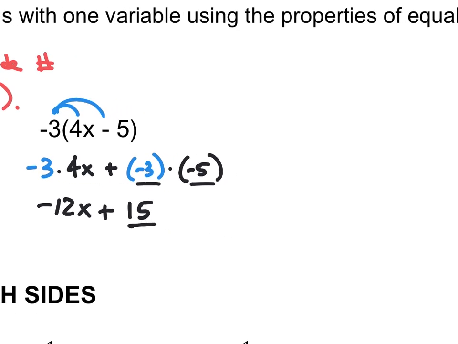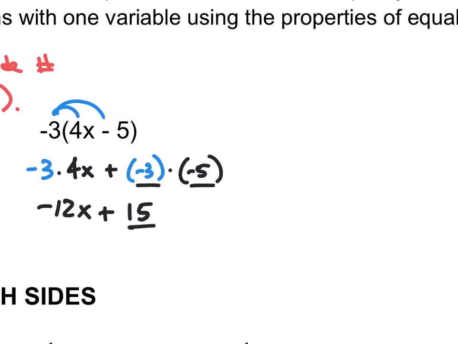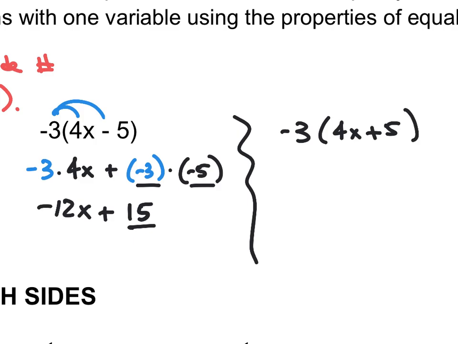But let me do a third example out here. Let's say I have negative 3 times 4x plus 5, okay? Then if I distribute that negative 3 into here and here, I'm still going to get negative 3 times 4x, and then I'm still going to put a plus sign here, and I'm going to do negative 3 times positive 5.